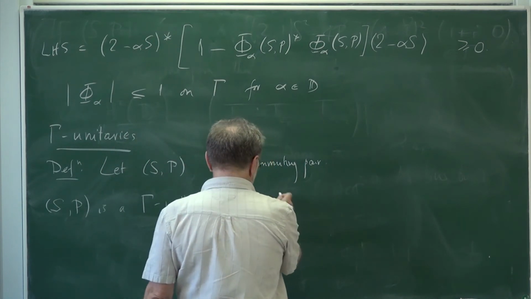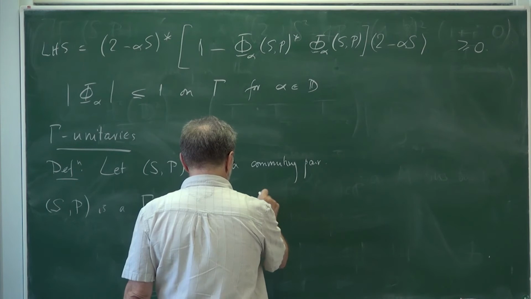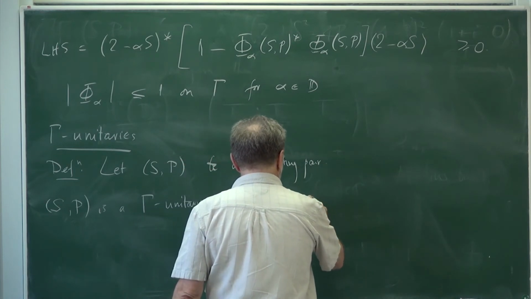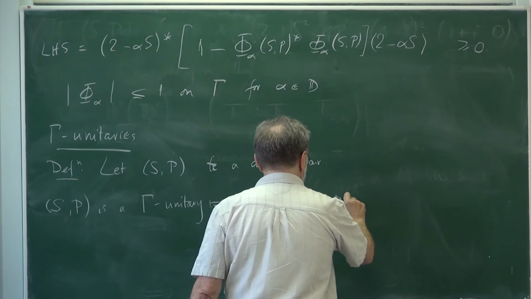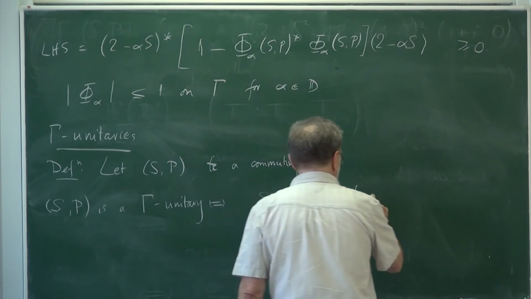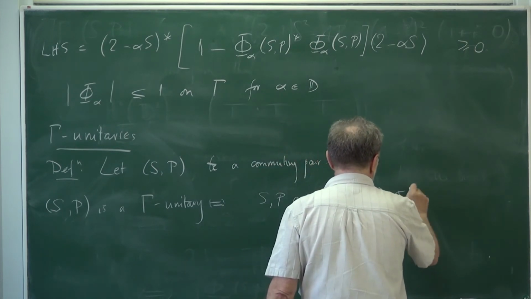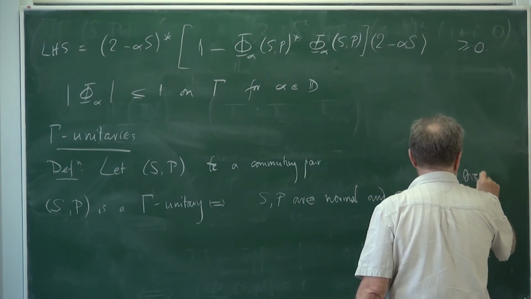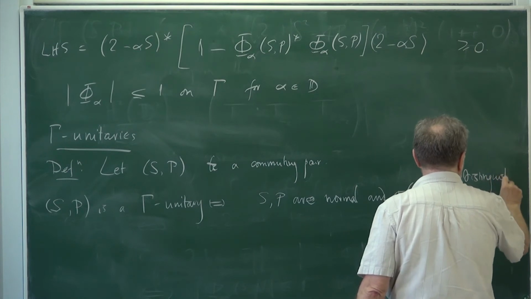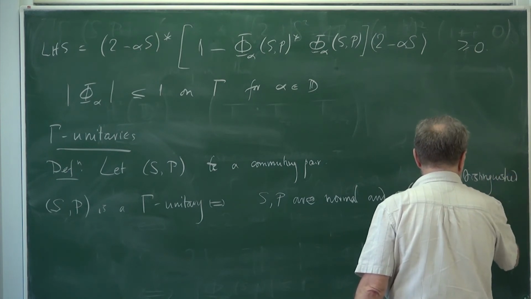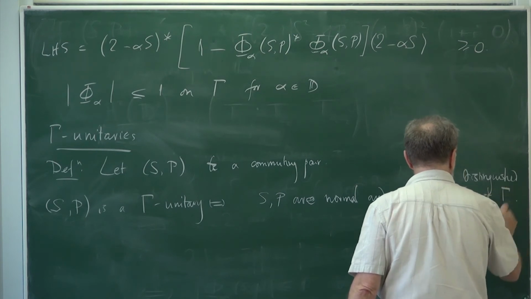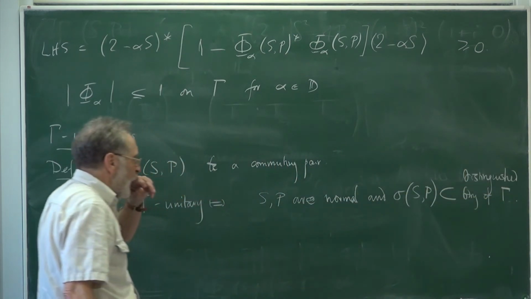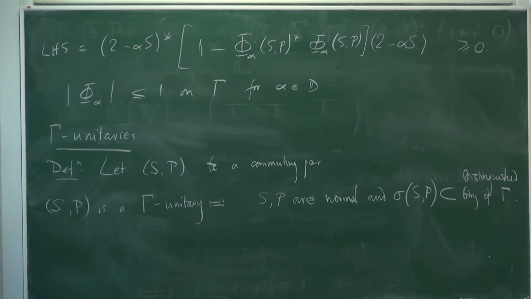So the analog would be that S and P are normal, and the Taylor spectrum of S comma P is contained in the distinguished boundary of gamma. So that might be one natural definition, but there are others that you could propose.